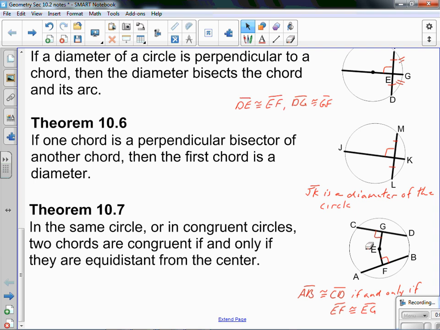So EG and EF have to be congruent for chord CD and chord AB to be congruent. And remember, they're right angles here, because when we measure a distance from a point to a line, we want the perpendicular distance, because that's the shortest distance between the two. Questions on any of that so far? A lot of information there.